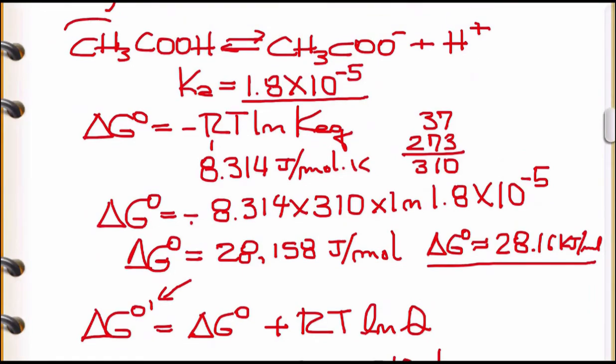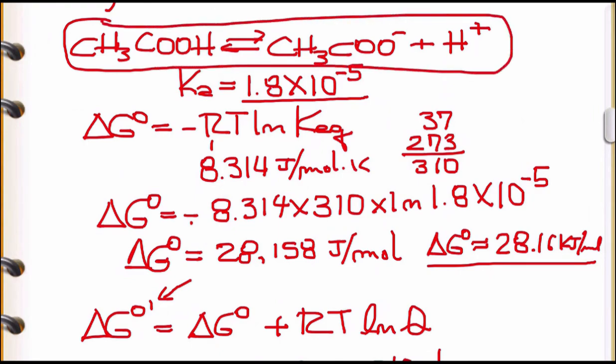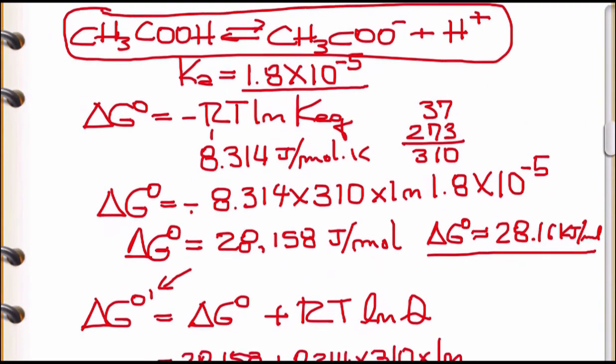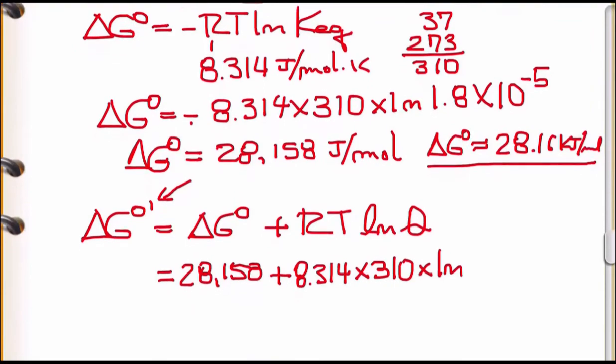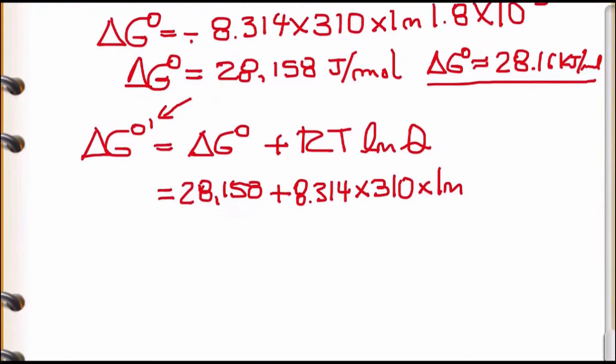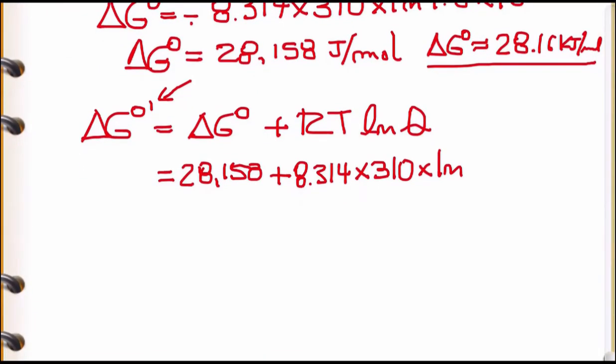The Q would be the concentration of the product divided by the concentration of the starting material: the concentration of H plus times the concentration of CH3COO minus divided by the concentration of CH3COOH.